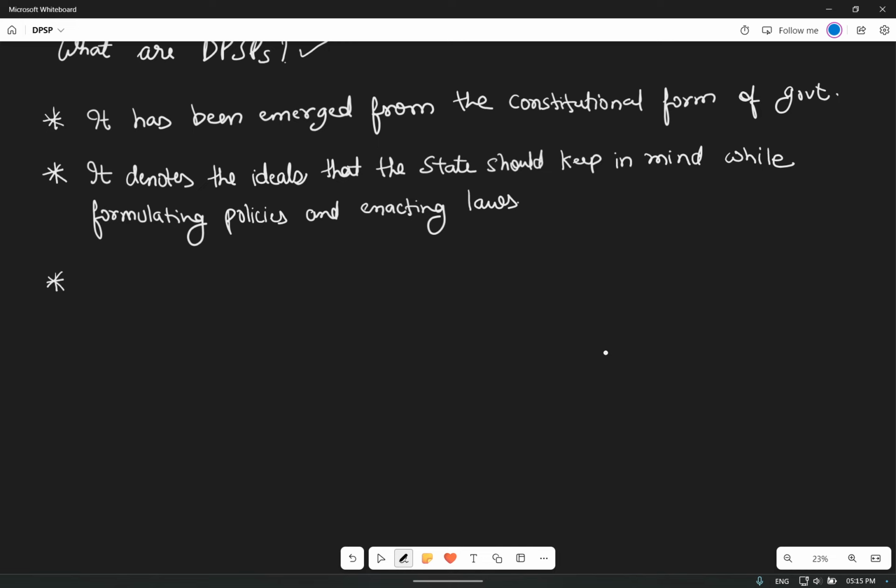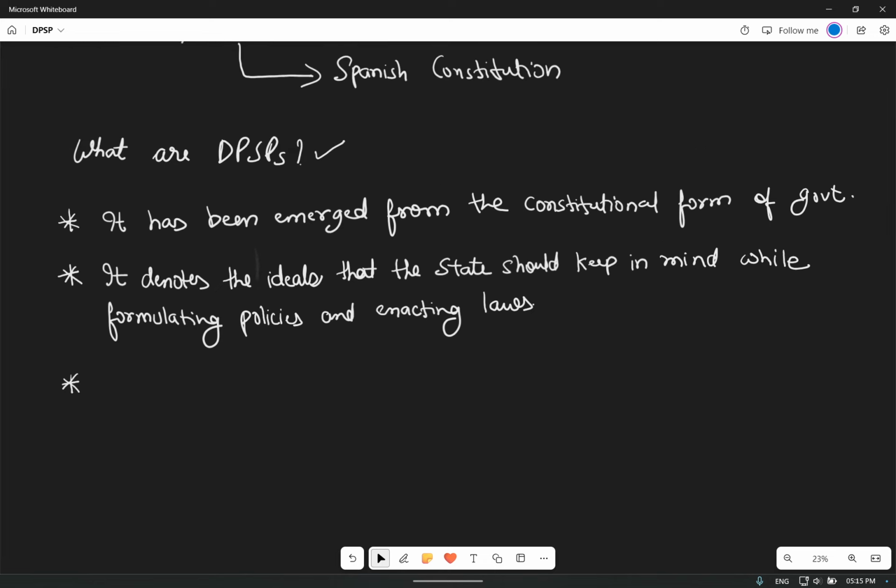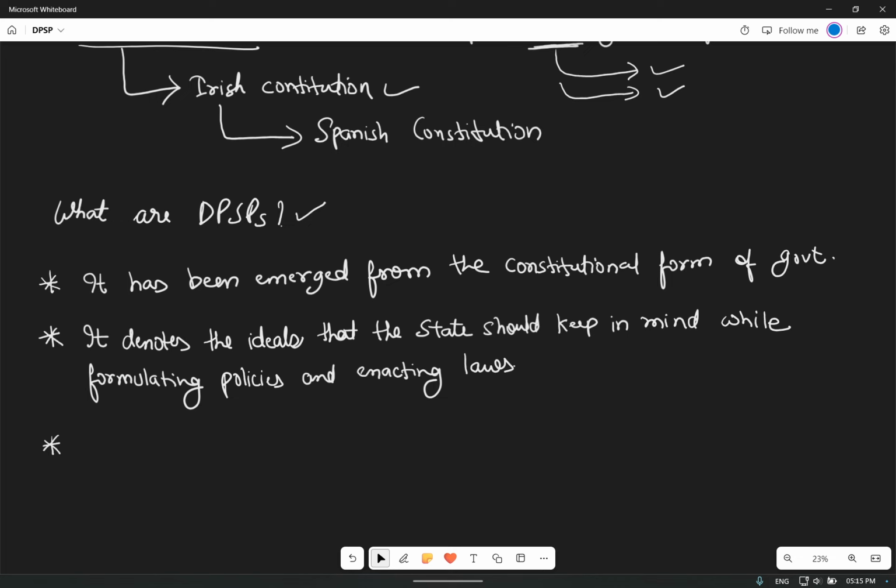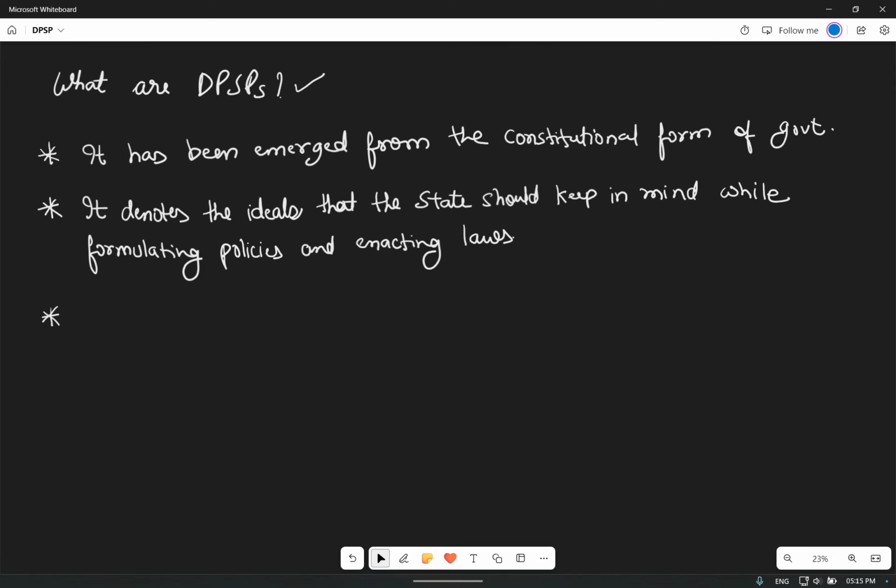DPSPs have emerged along with the emergence of the constitutional form of government. Okay, so it emerged from the constitutional form of government that we have already mentioned. When the constitution runs, there were certain needs and requirements that were coming in over a period of time. Like currently we are shifting to artificial intelligence, the digital world.